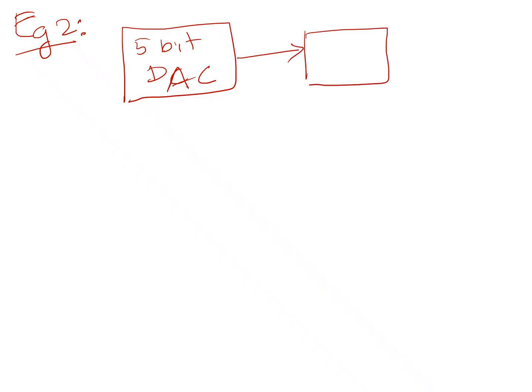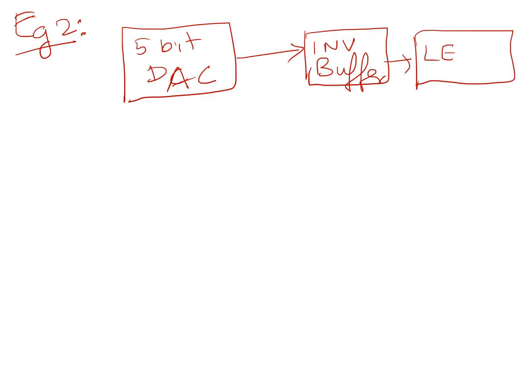The second example: the analog output of a 5-bit DAC is connected to a light emitting diode through a unity gain buffer so that its voltage is used to light up the LED. I'll show it with a simple block diagram. A 5-bit DAC, as per the given question, is connected to a buffer which is used for lighting an LED.